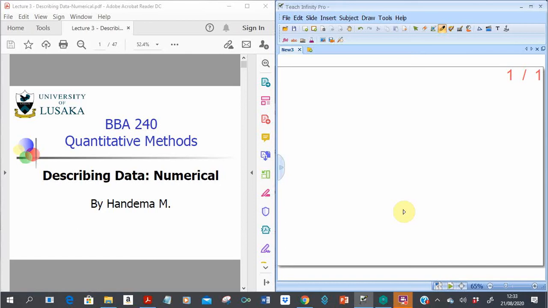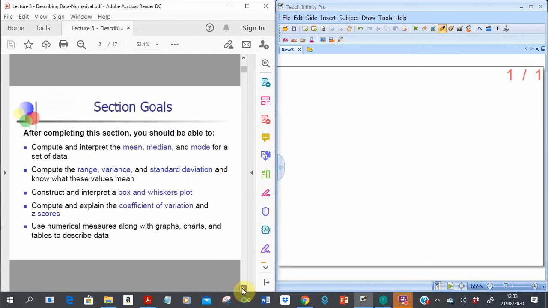And this will only be for ungrouped data. We need to know the definition of the mean, the median, and the mode, as well as the variance, range, standard deviation, how to construct box and whisker plots, as well as computing the coefficient of variation.